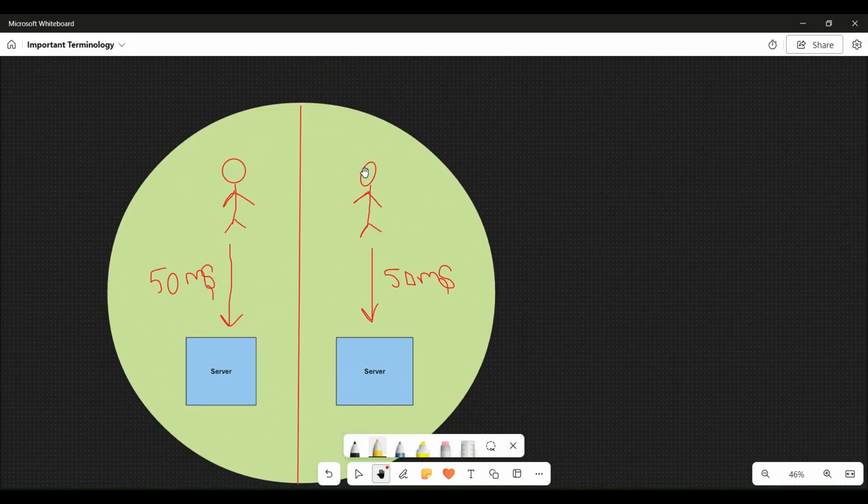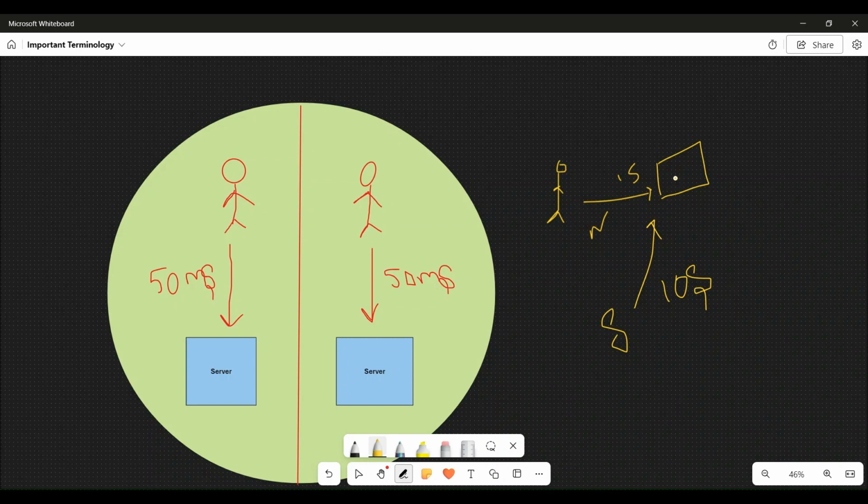For example, there is a use case where a single server serves the entire globe, and there are different users throughout the globe. If the request is headed to that single server, it takes different times. For example, a user from the north side takes 1 second for the request, and a user from the south side takes 10 seconds. So based on the distance and the network availability to the server, the latency changes.